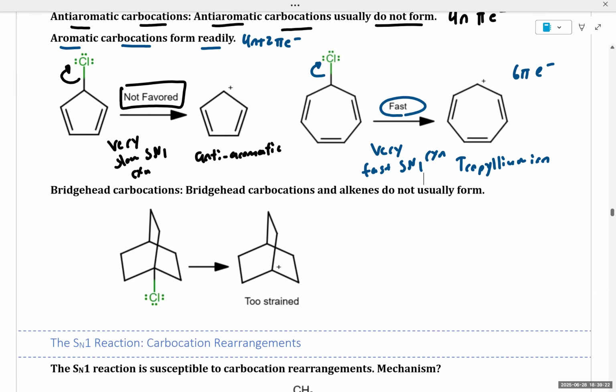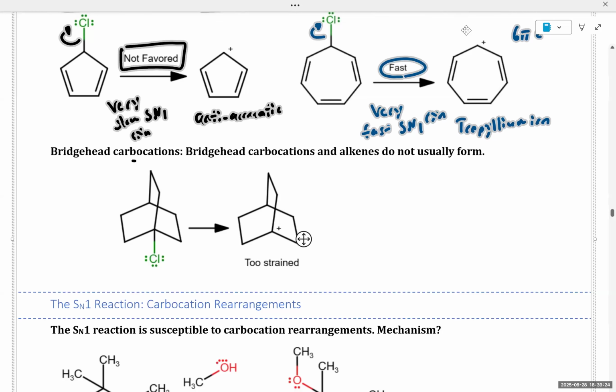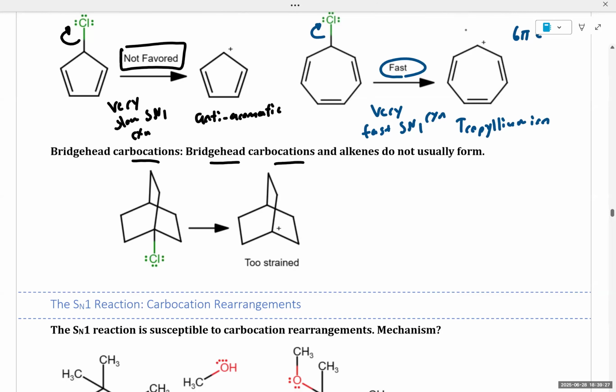Another special case to keep in mind are bridgehead carbocations. Bridgehead carbocations and alkenes usually do not form. This is known as Bredt's rule. There are exceptions, but in general, if you have a bridgehead and you're trying to form a carbocation at the bridgehead, it is way too strained.